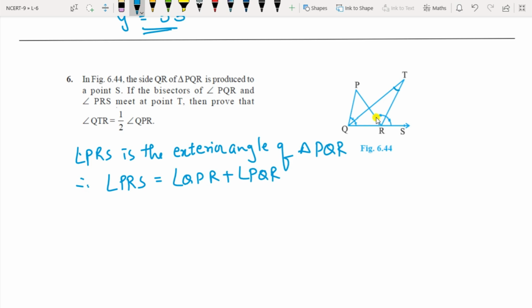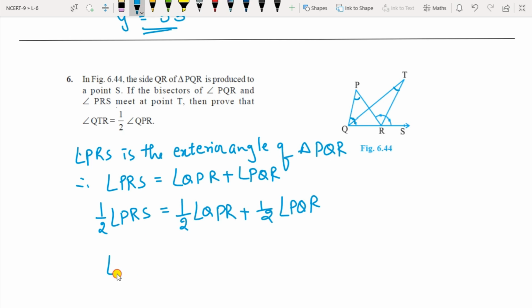So this exterior angle is equal to this angle plus this angle. Now take half of everything. Since RT is a bisector, half of angle PRS is half of angle QPR plus half of angle PQR. It will be angle TRS equal to half of angle QPR plus angle TQR. So that is your equation number 1.